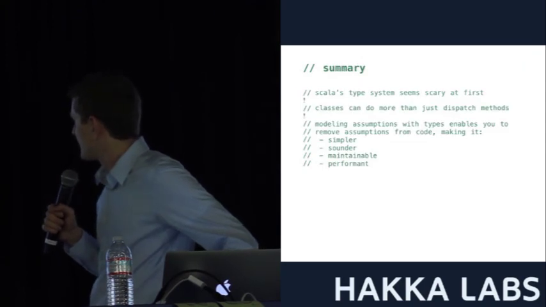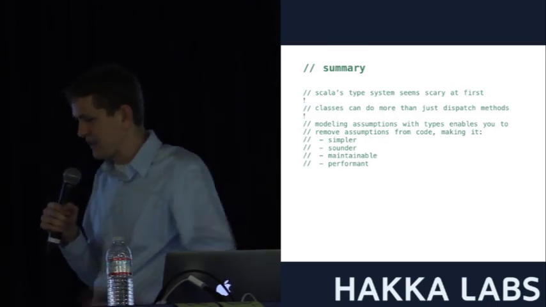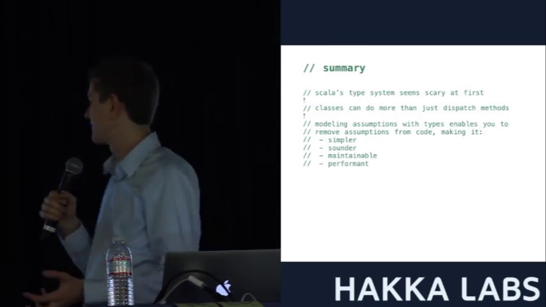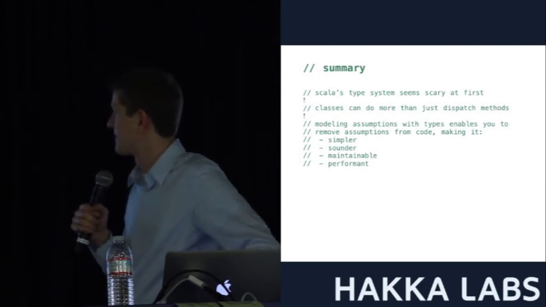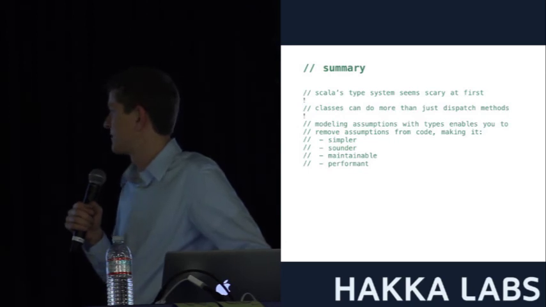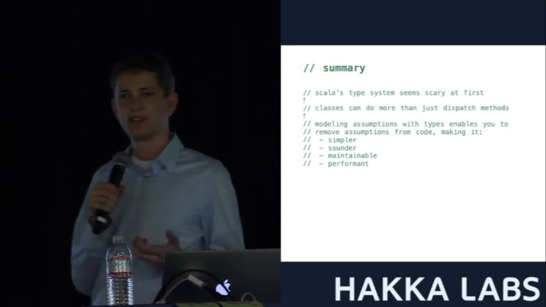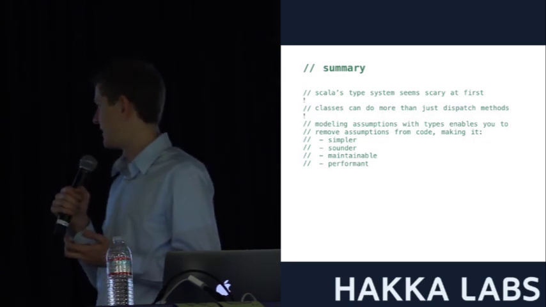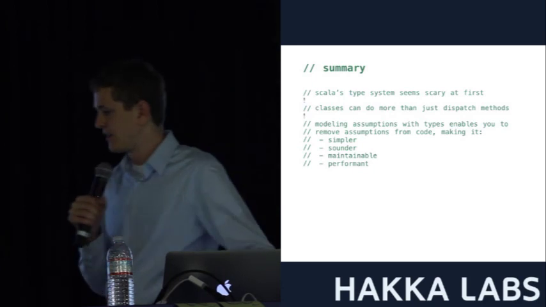So, in summary, Scala's type system, particularly the outer edges of it, I really don't see used a whole lot. And my presumption is that people don't really see the value, or it's difficult to find ways to take advantage of it.